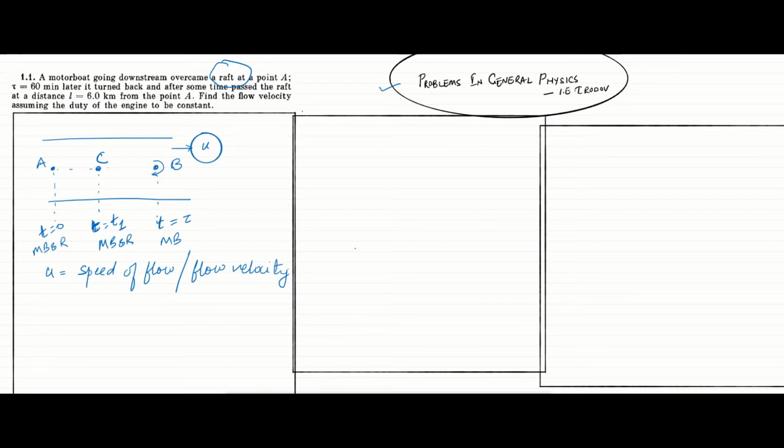Let's assume that v is the speed of the motorboat in still water. What that means is that when the stream itself is not moving, the motorboat will be able to move at v km/h. However, when the stream is moving, and the motorboat is moving downstream, that is along the stream, the speed of the stream will add to the speed of the motorboat, thereby increasing the speed of the boat.